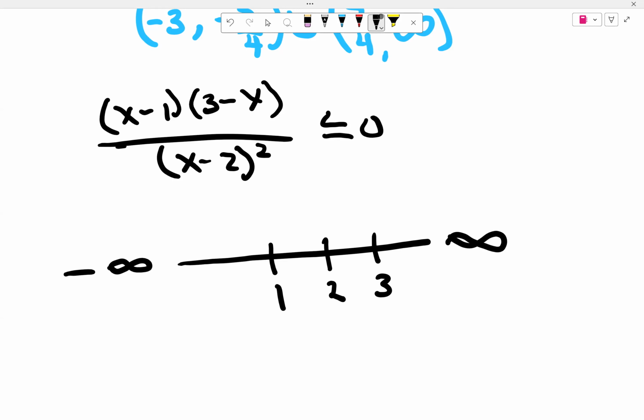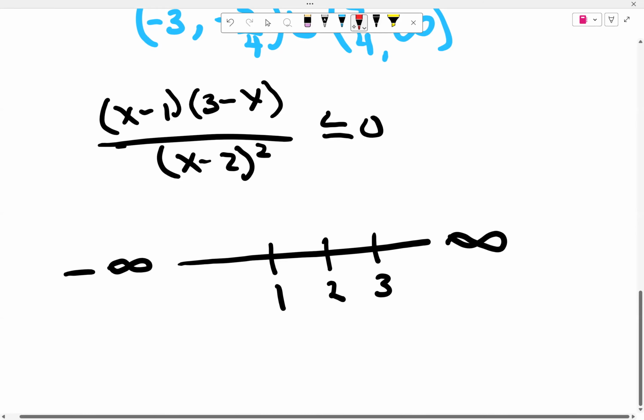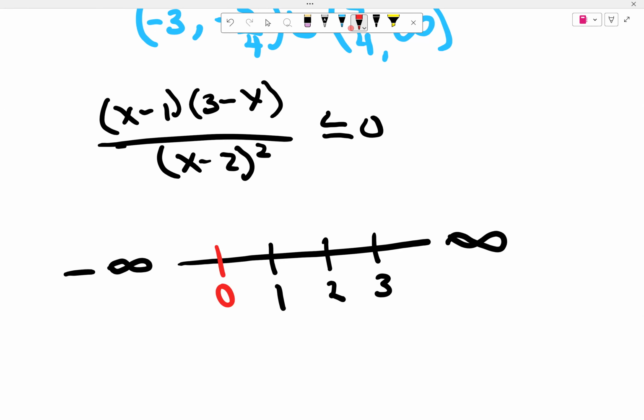And so let's look at these intervals. If I'm looking at test points, a test point here, I'm going to definitely choose that 0. And I'm looking here for a negative because it's less than 0. Okay, so that's 0. Choose a 1.5. I'm going to choose a 2.5. And I'm going to choose, say, a 4.